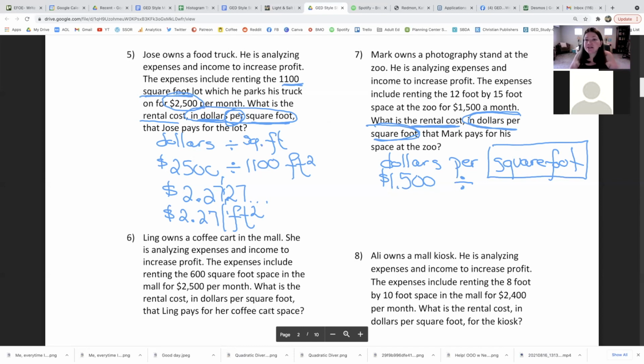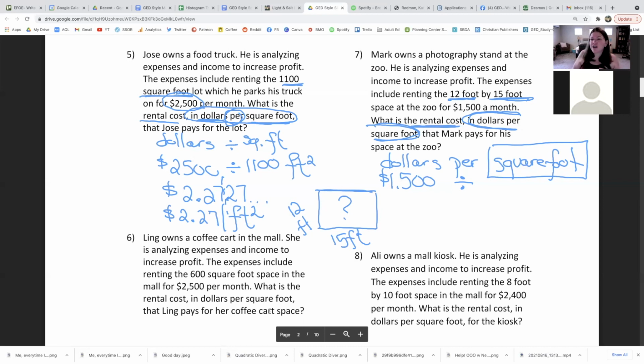It says the expenses include renting the 12-foot by 15-foot space at the zoo. They tell us the dimensions of the space. So it's a rectangle because they didn't state otherwise, give us any clues that it would be otherwise. We see 12 feet by 15 feet, but what we don't know is the square footage, the number of squares to cover that rectangle. That's area. It's like a hidden area problem.